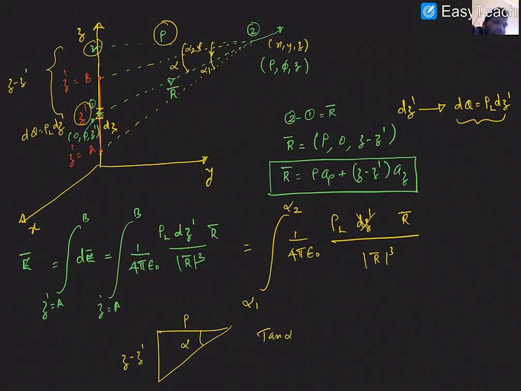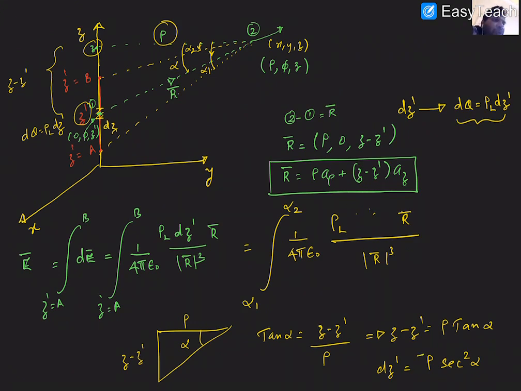So if you consider this triangle which is having rho, z minus z dash, and this angle is alpha, then tan alpha is equal to z minus z dash divided by rho, which implies z minus z dash is equal to rho tan alpha, and also dz dash, because we are taking the differentiation with respect to z dash, so this becomes rho into sec square alpha, or we can say dz dash is nothing but minus rho into sec square alpha.